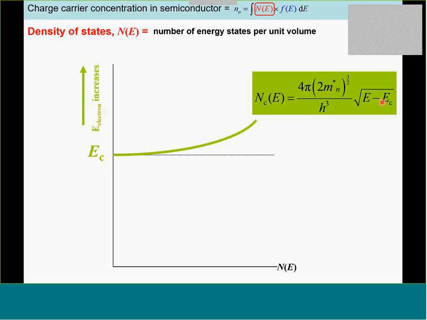So you just use this equation to get the density of states at a particular E, at a region in between.